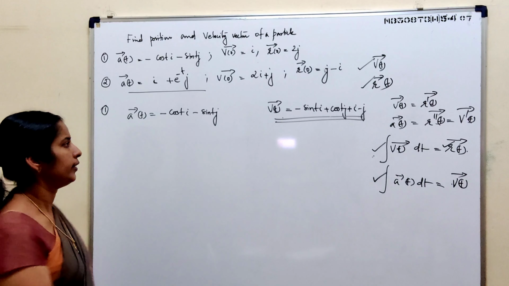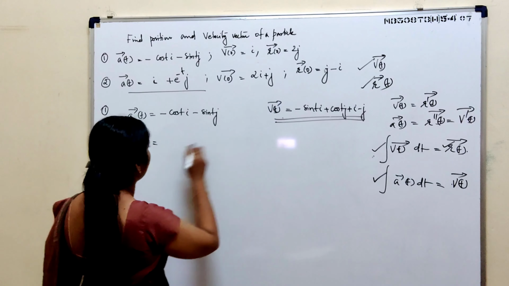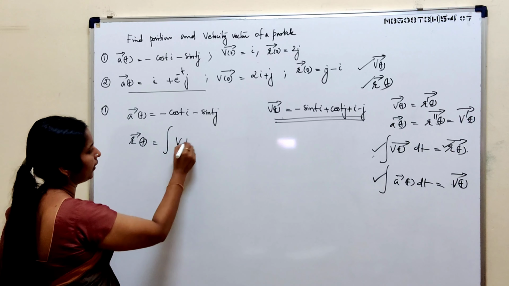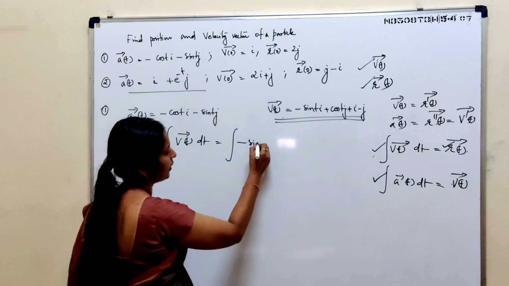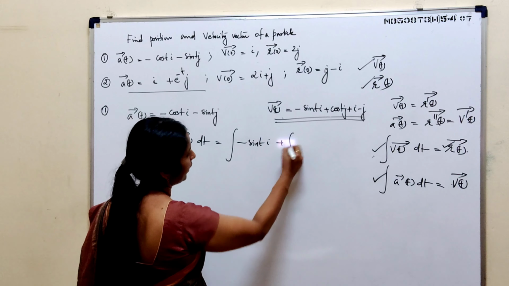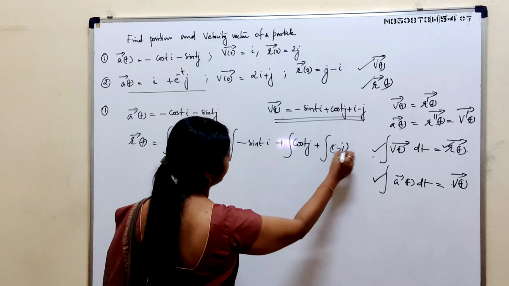Next, we have to find its position vector r(t). We have the velocity vector, so r(t) is obtained by integrating v(t). That is, integral of minus sin t i plus integral of cos t j plus integral of i minus j.